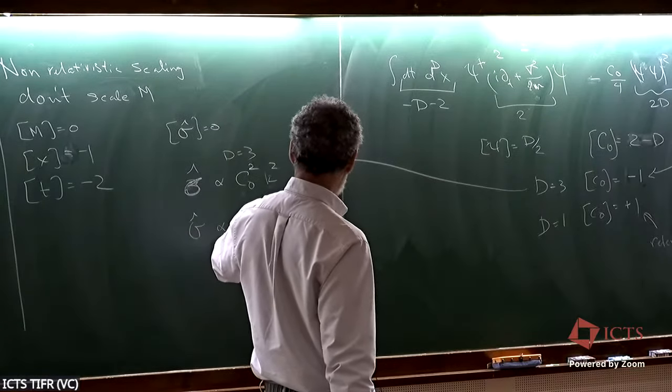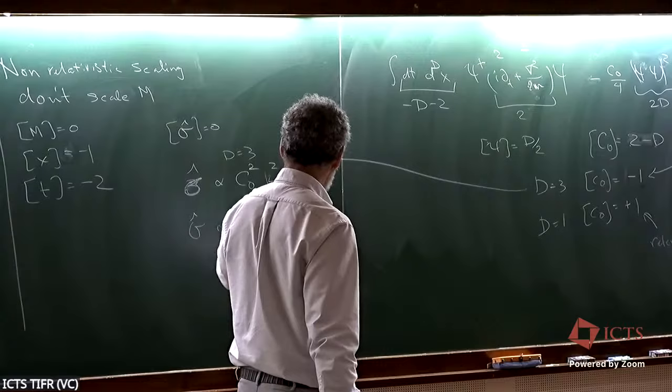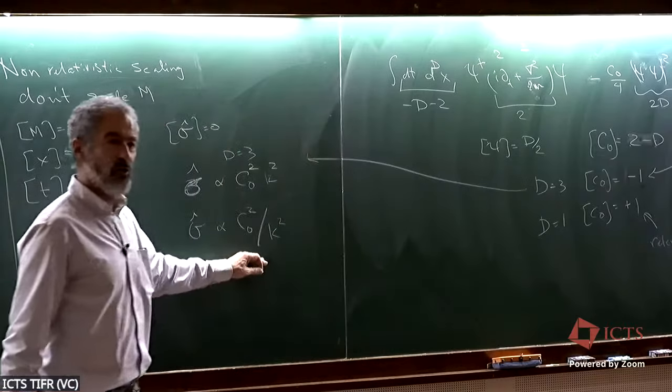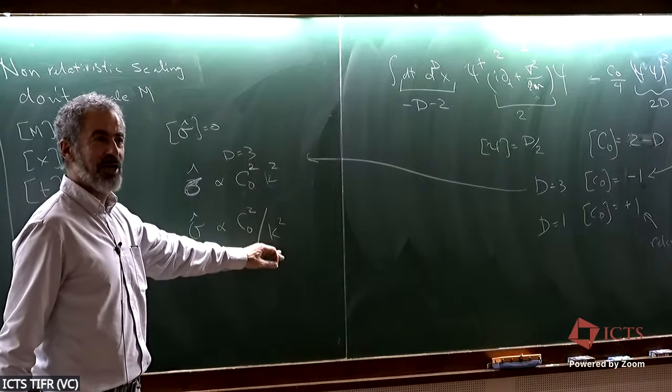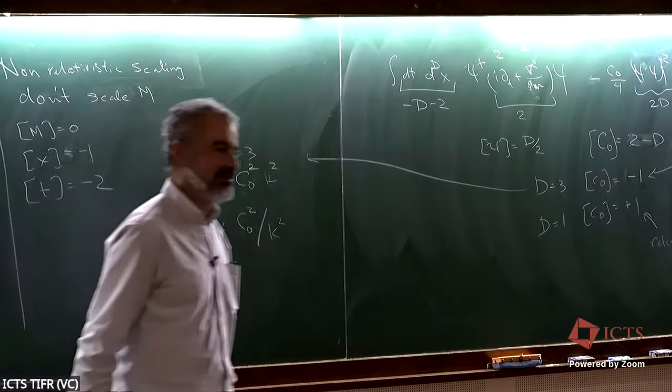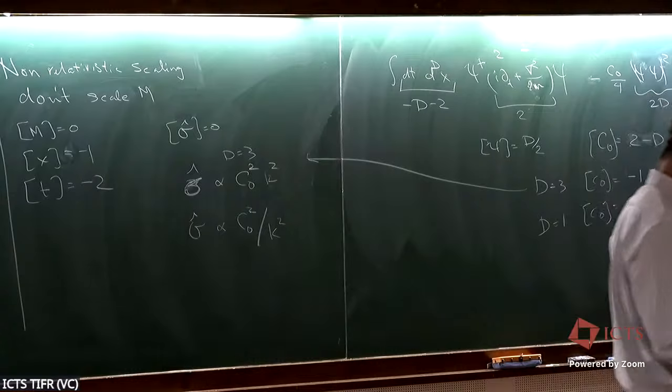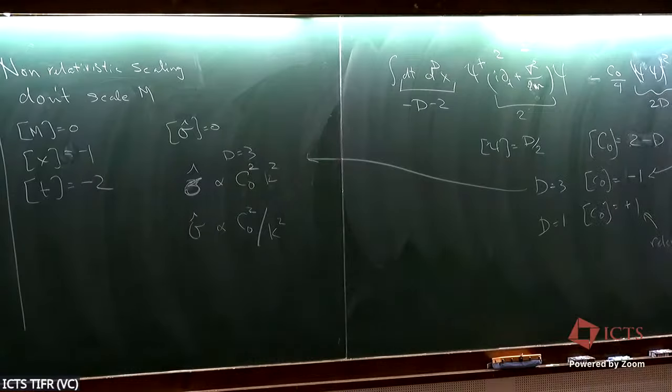Well, C naught is plus 1, so you have to put a 1 over K squared. And so we find that things blow up. And that's the 1 over K squared stuff we found in the reflection coefficient, which set R to 1.